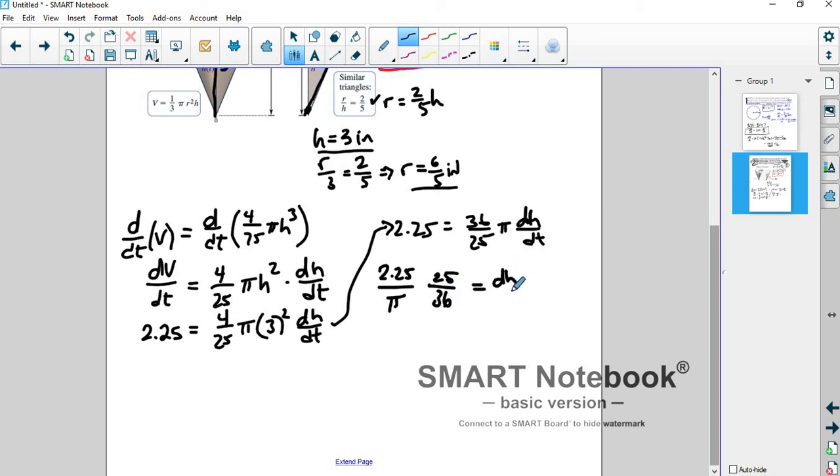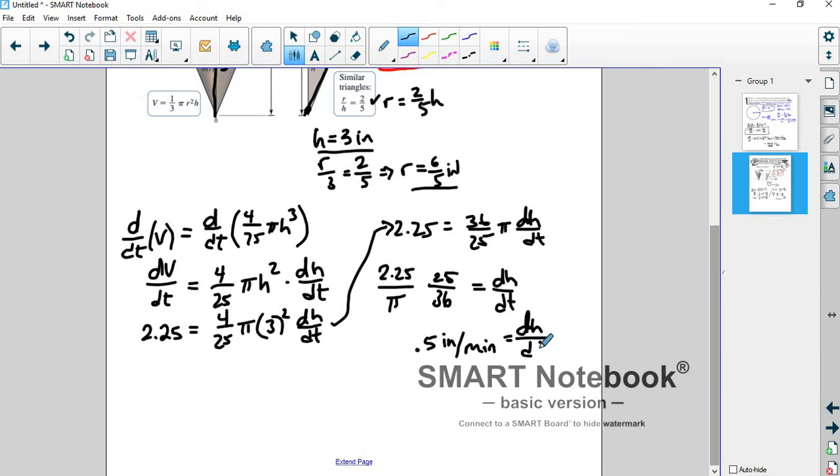That equals dH/dt. And again, we're just going to plug that into my calculator here and figure that one out. 2.25 times 25 divided by pi and divided by 36. And you get approximately 0.5 inches per minute for this value here.